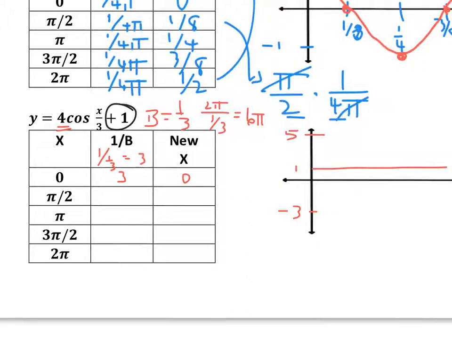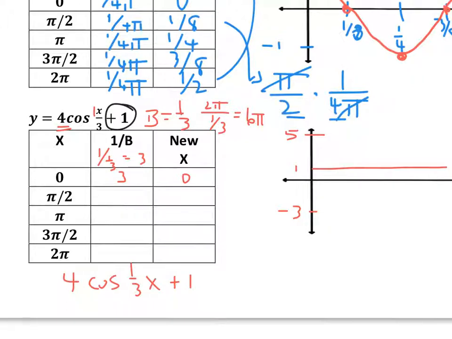Then why is it 1 in this? Am I just overthinking this? Yes, it's 1/3 x. So they could have written it like this: 4 cosine 1/3 x plus 1. But instead, they just put the x in the numerator. Sorry. Nope, you're good. Yeah, I think you were really overthinking it.